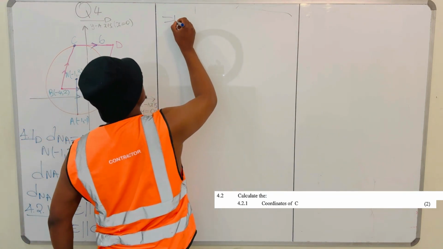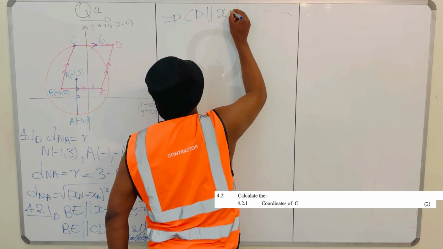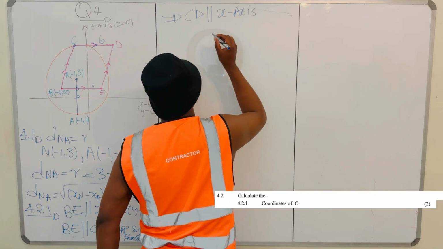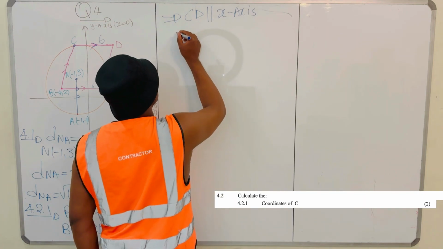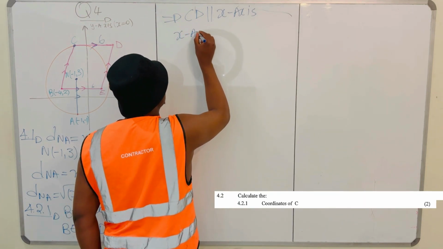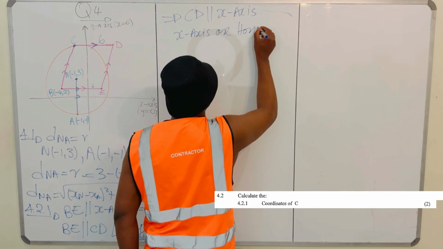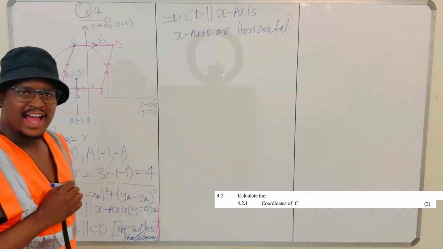So what that tells you is that your CD is parallel to your x-axis. The x-axis is horizontal.